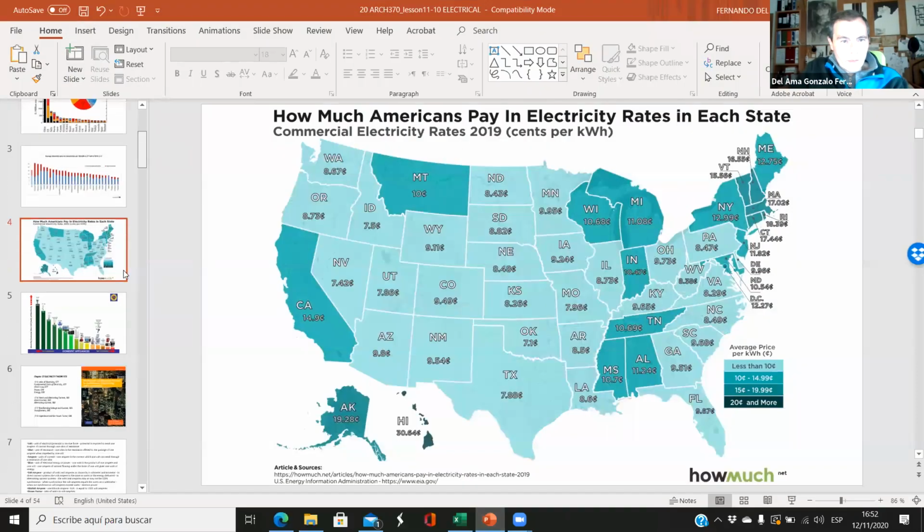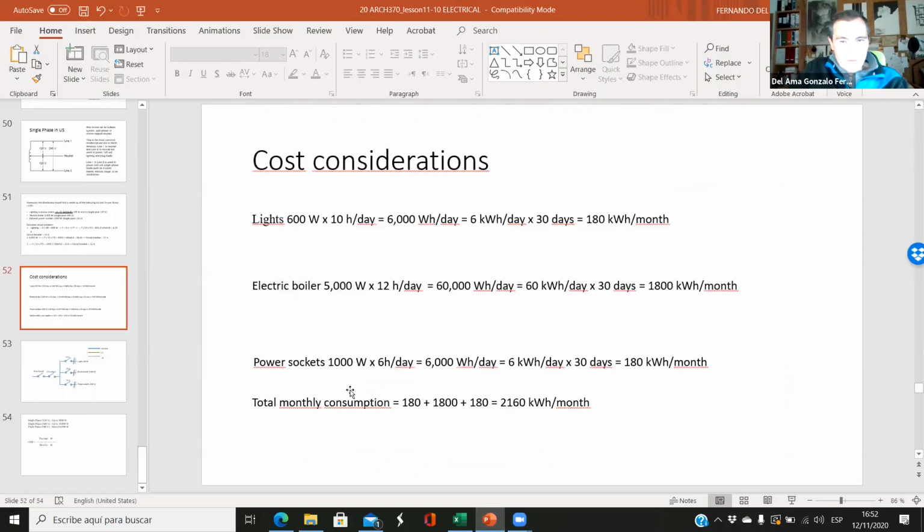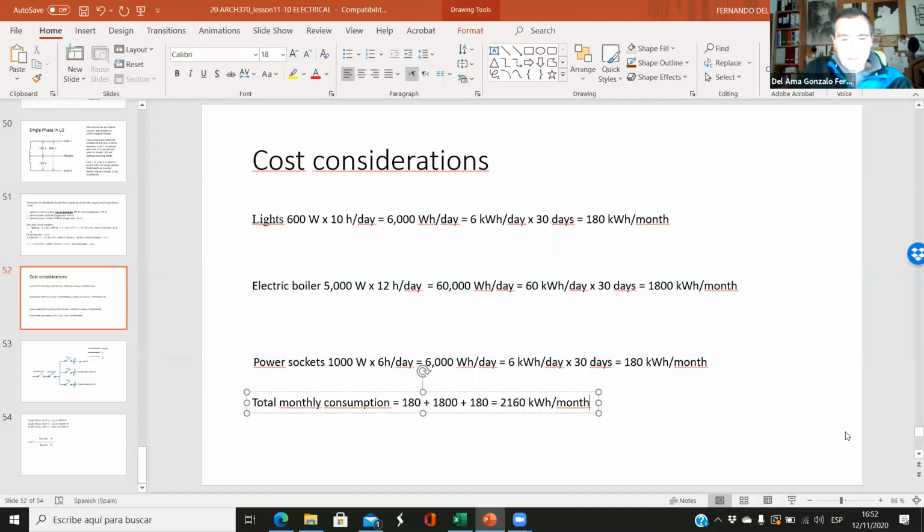Okay, so now we have to go down. If this is the total energy consumption times 0.165, no, dollars per kilowatt hour.